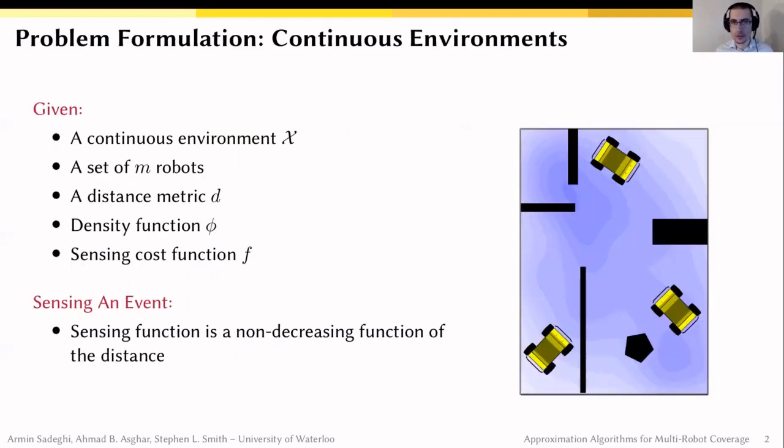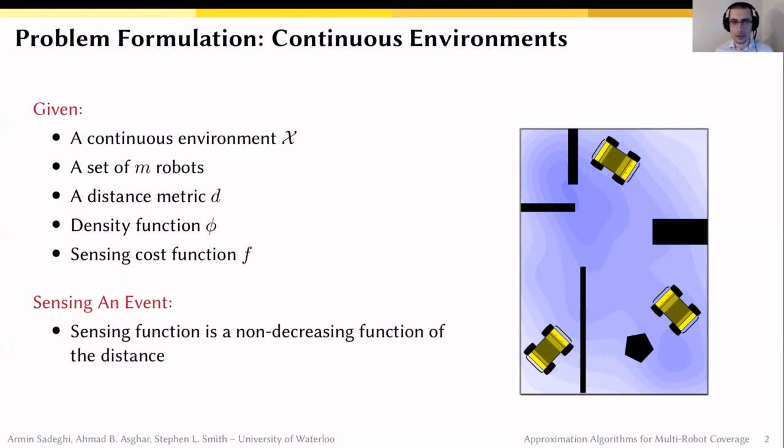First, I'm going to talk about the problem in a continuous environment. This is a very well-known problem. It's been studied extensively in the literature. So we have this continuous environment, convex or non-convex, a set of robots, a distance matrix, basically the distance of the locations, a density function representing the probability of an event happening at each location, and a sensing cost function.